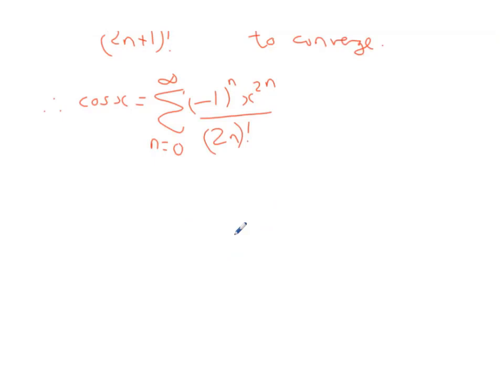And then if you think about the actual radius of convergence, if we were to do another ratio test, well, we've already done enough really. The minus 1 to the n bit just affects sign, and it would disappear when we did the ratio test anyway. Then we would just be finding the limit as n approaches infinity of x to the 2 brackets n plus 1 over 2 brackets 2n plus 1 factorial.